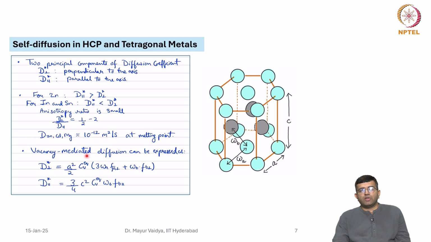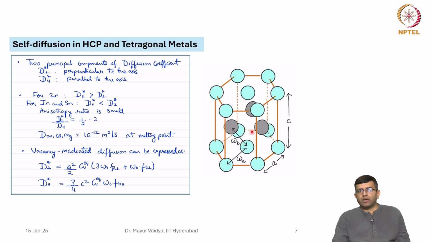When you have the vacancy mediated diffusion, then each of these diffusion coefficients can be represented as a square by 2 CV equilibrium, 3 omega A into FA perpendicular plus omega B into FB perpendicular. So, you see that in this case also, when you talk about HCP metals, let us say, perpendicular to the C axis.